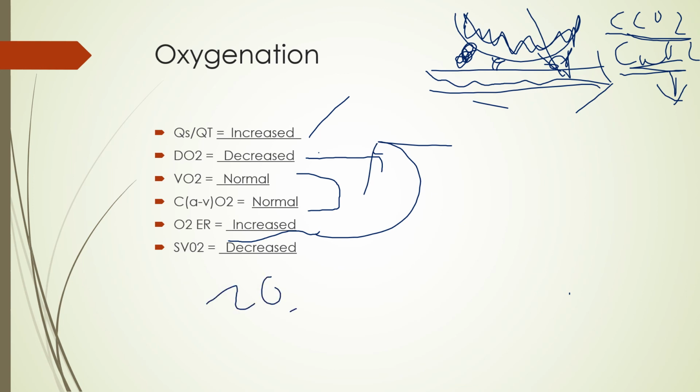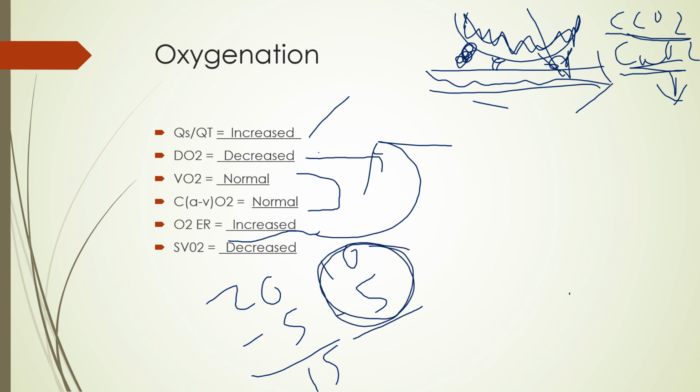If I have a good DO2 and I'm only taking a minimum out of there, I'm going to have a lot left over. If I have a lower DO2 and I'm taking out the same amount that I was before, I'm going to have a lot greater ratio of what was taken out.